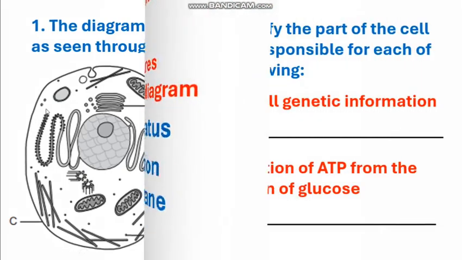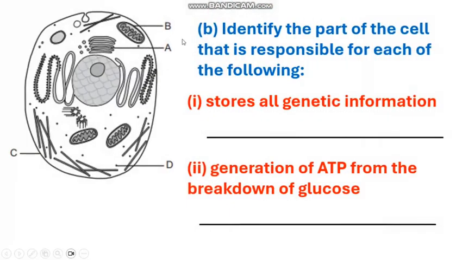We now move on to our question 1B. So here is our question 1B. The question reads, identify the part of the cell that is responsible for each of the following. B1, stores all genetic information. So which part of the cell is responsible for storing all genetic information?